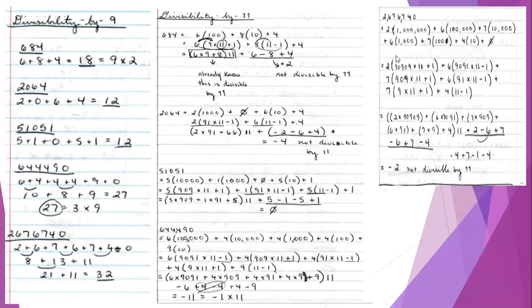So what you have to do is think of each place as a power of 10. So 4 is 10 to the 0 power.